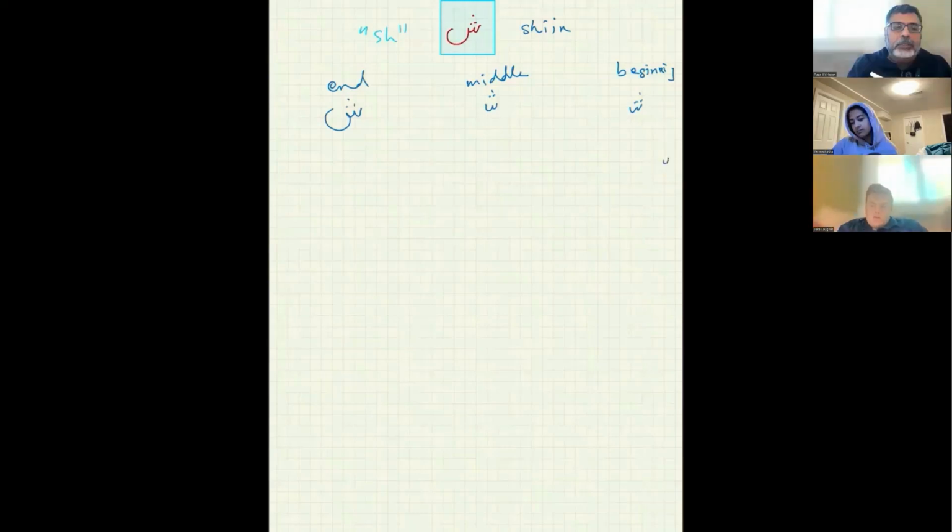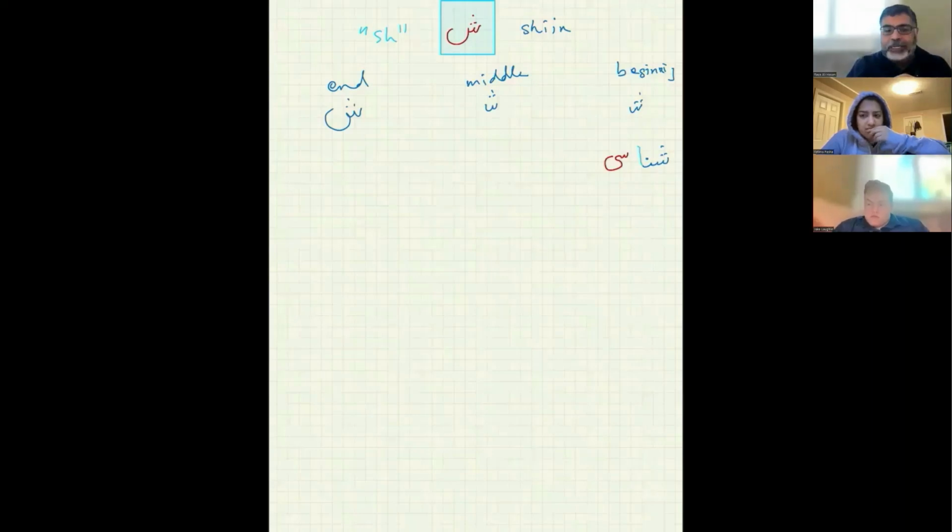So I've got sheen with the 3 dots, and then noon, the N sound with 1 dot, and then an alif right here, and then an S sound. And this word says Shanasi. And I think it means some kind of expert or something. I'm not sure. I found this word in that book.